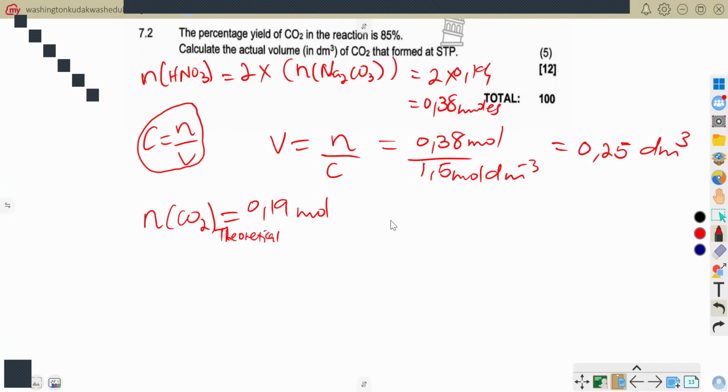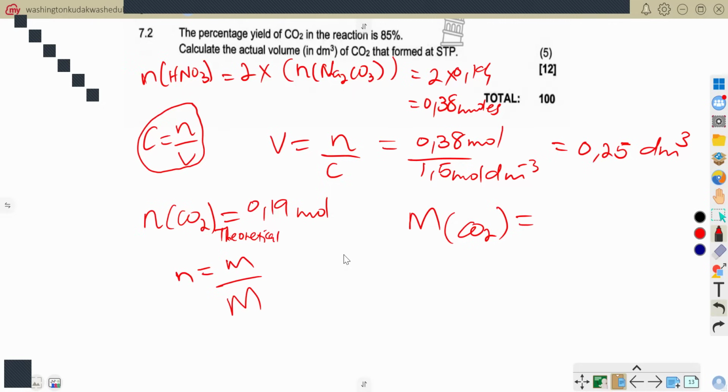Now, to find the volume, we don't have the concentration for carbon dioxide, so we cannot use the manipulation that we have used. But what information can we find readily for carbon dioxide? We can find its molar mass. The number of moles can be given by mass over the molar mass, but this does not give us volume.